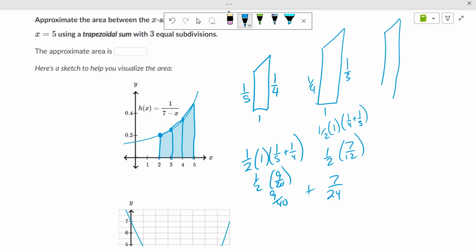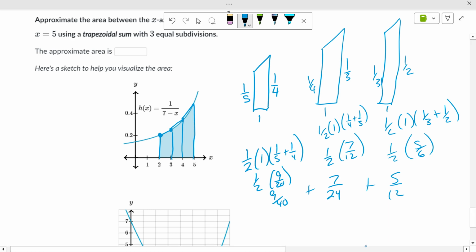And our last one is 1/3 to 1/2 with 1. So it's 1/2 of 1 times 1/3 plus 1/2, which is 5/6. So 1/2 of 5/6, which is 5/12. And if we add these together, we'll get the actual answer. Okay?